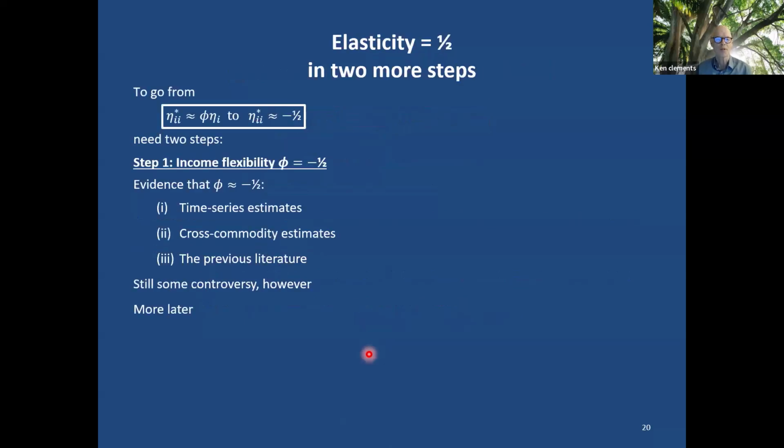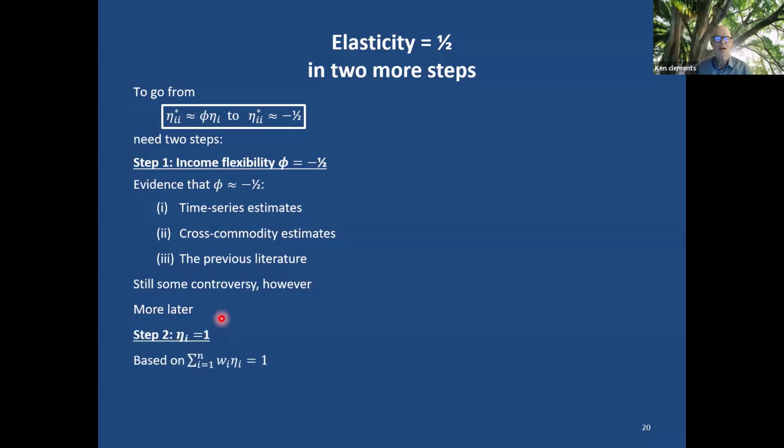Now, two more steps to go from Pigou's law to price elasticities approximately equal to minus a half. Step number one is that we need the income flexibility to be equal to minus a half. And there are three sets of evidence on all of that. Still some controversy, more on that in just a little while.